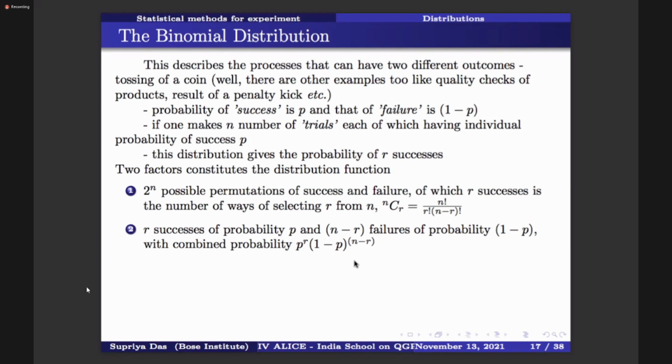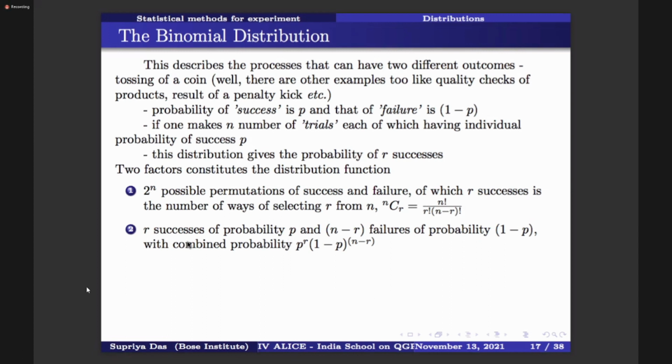For n trials, you can have 2 to the power n possible permutations of success and failure, of which you can have R successes in this number of ways. That is nCr, combinations, which is n factorial over R factorial into n minus R factorial.